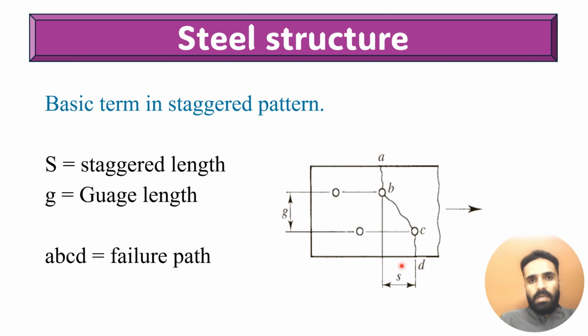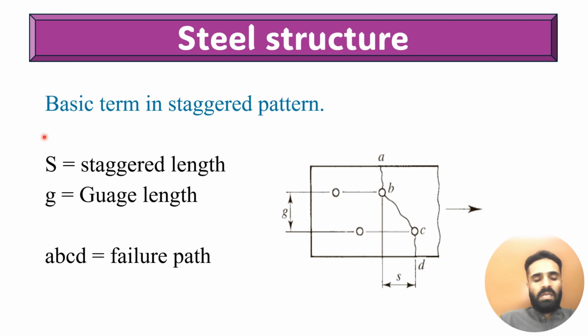This is the center to center distance between two holes, parallel to the direction of the applied force. Remember this. And the perpendicular center to center distance between two holes is termed the gauge length.